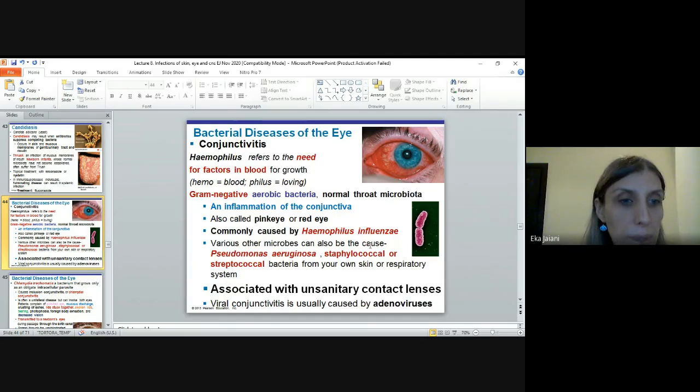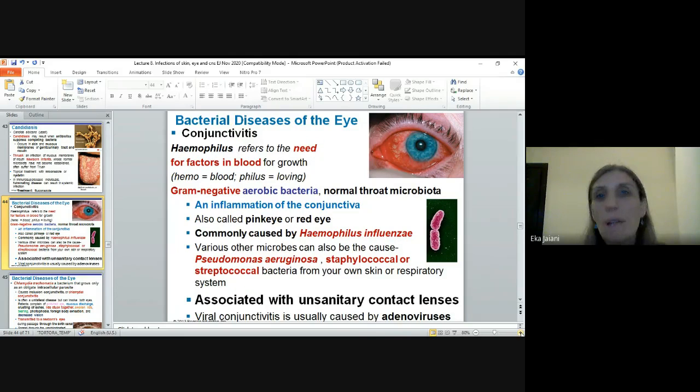Let's go quickly through different pathogens causing eye infections, conjunctivitis. I'm sure you know what it is. This is inflammation of the conjunctiva and can be of either viral or bacterial origin.